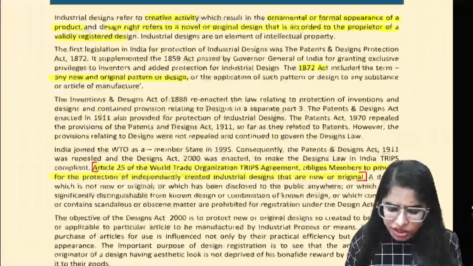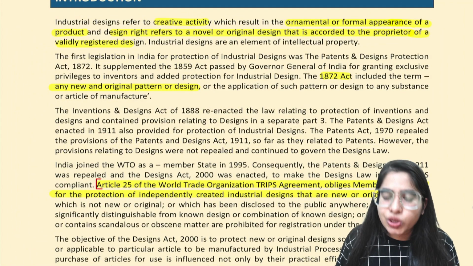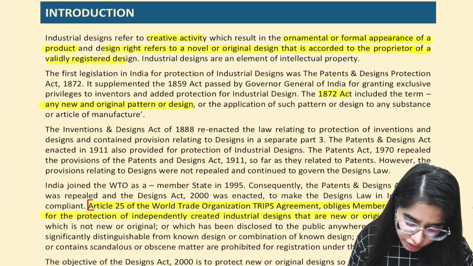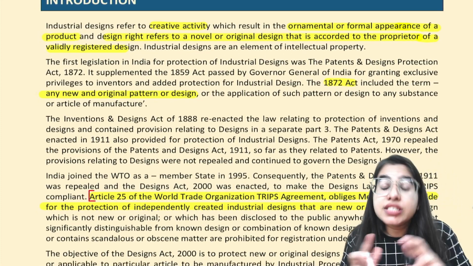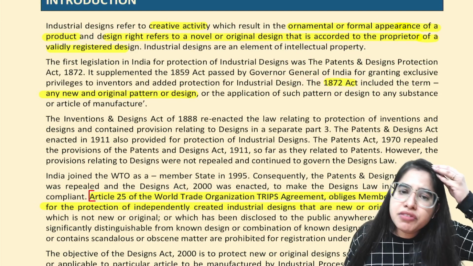History is given here. I don't think it is very relevant from the examination point of view, but okay, I'll tell you what is given here. Earlier in India, there was the same law for patent and design, so there was no confusion.